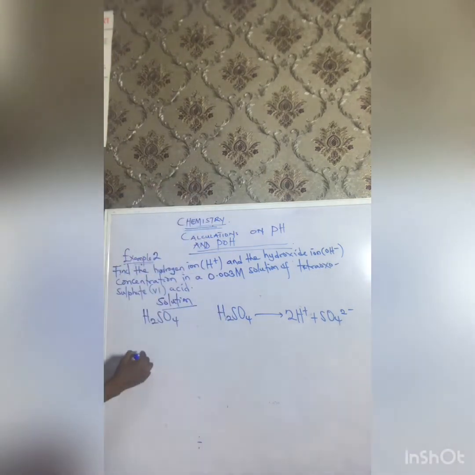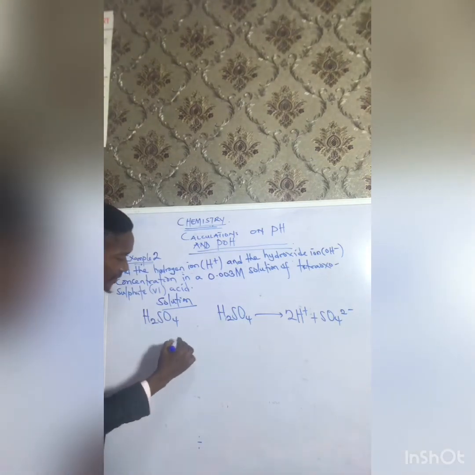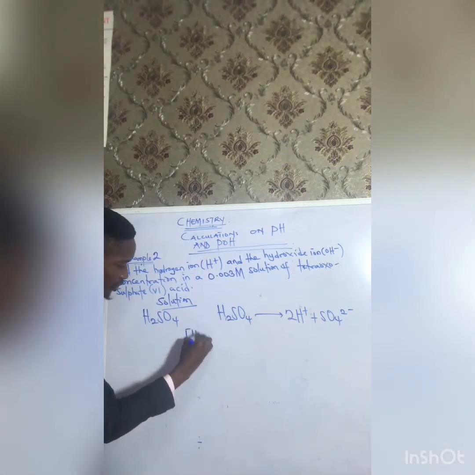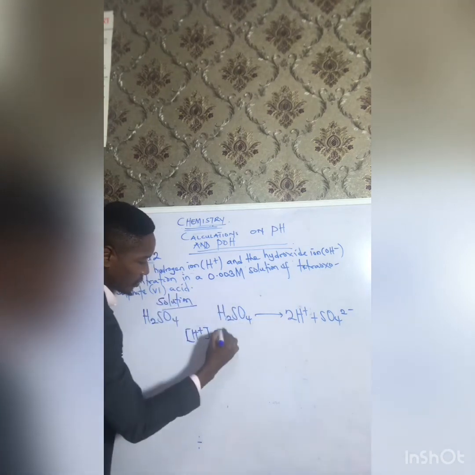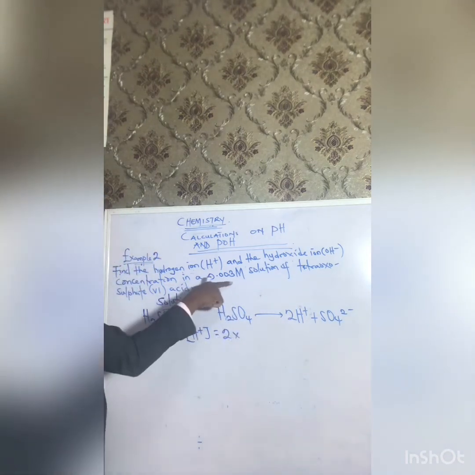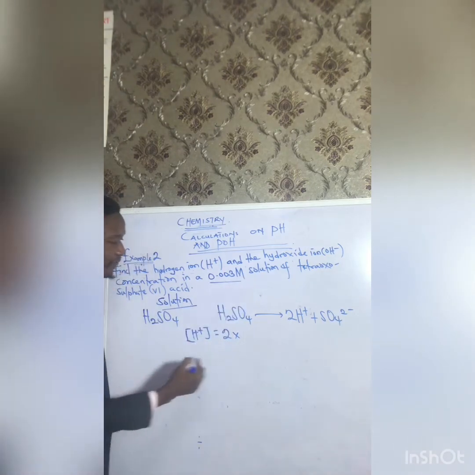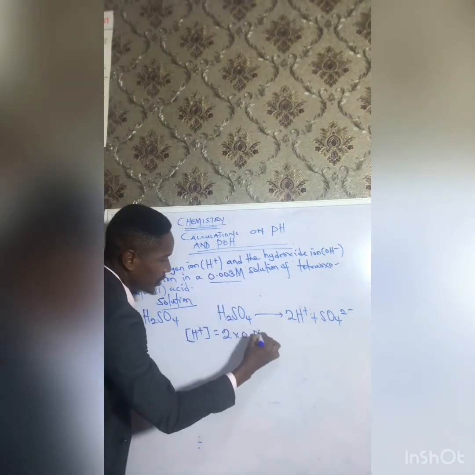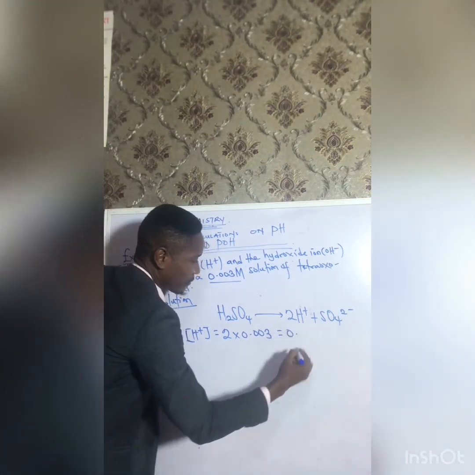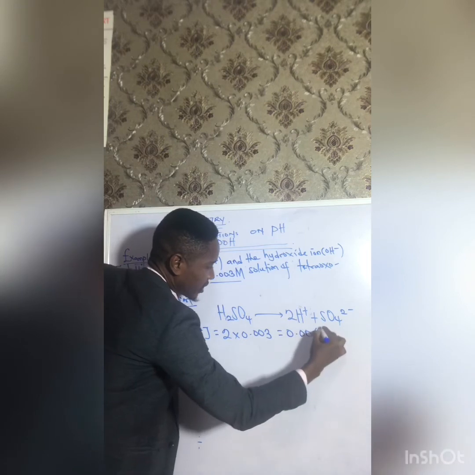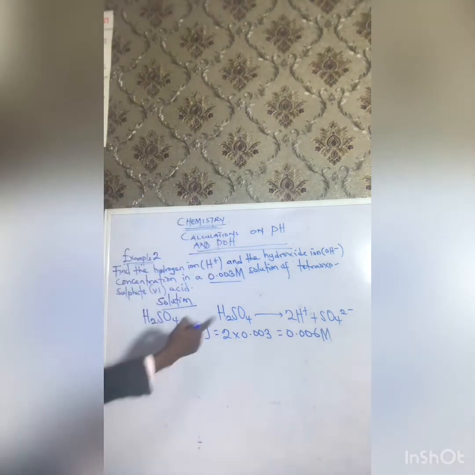So the hydrogen ion concentration now will be equal to 2 multiplied by the initial hydrogen ion concentration given in the question, which is 0.003. So at the end of the day, this is equal to 0.006 molar. That is the hydrogen ion concentration.